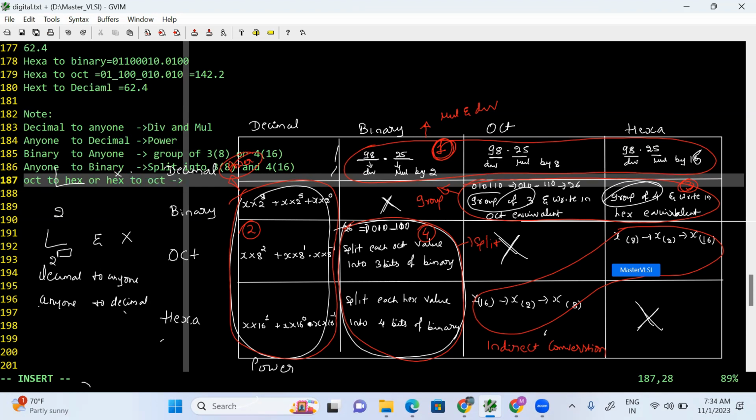In this case, for example octa to hexa, you convert octal to decimal, binary, then convert to 16. Next, 16 convert to 2, convert to 8. Clear?